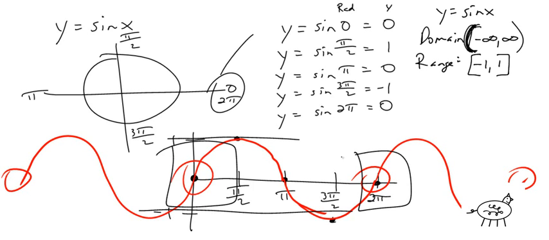Couple things I want to point out here, and I'm going to use the highlighter. I want you guys to understand that sine starts at 0. Let me redraw this because I really want to make a couple points here. Okay, so pi over 2, pi, 3 pi over 2, and 2 pi.